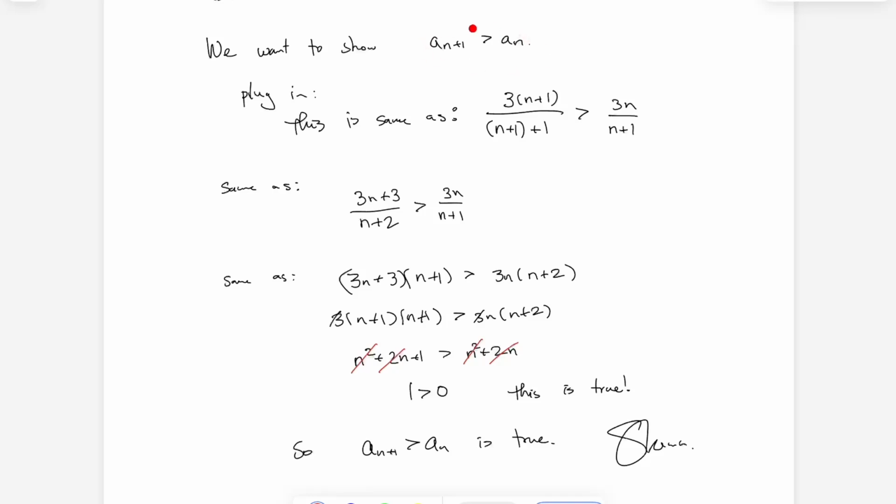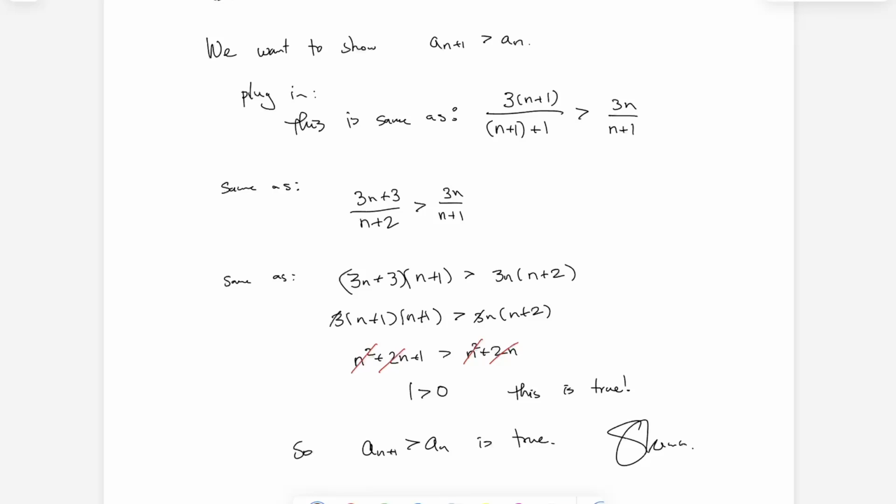This is what you want to show, and at the end we end up showing that what I wanted to show is equivalent to this, and that's true, which means the original thing that I started with is true. If you don't write any of these words, then it looks like you're beginning by assuming what you wanted to show, which is bad news when you're writing a proof. So most of these words that I wrote need to be in there.